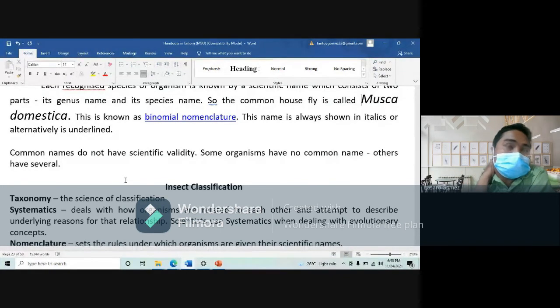But with the help of the scientific name, people will recognize it. So the scientific name is an international name.